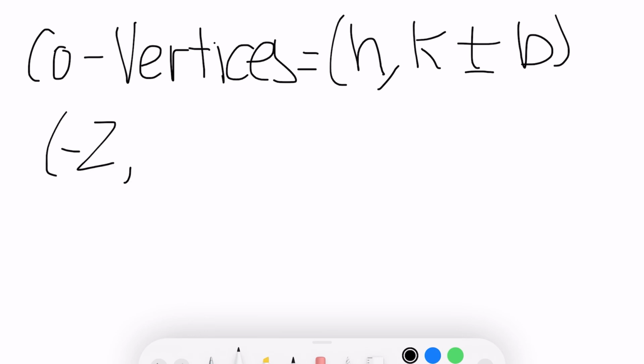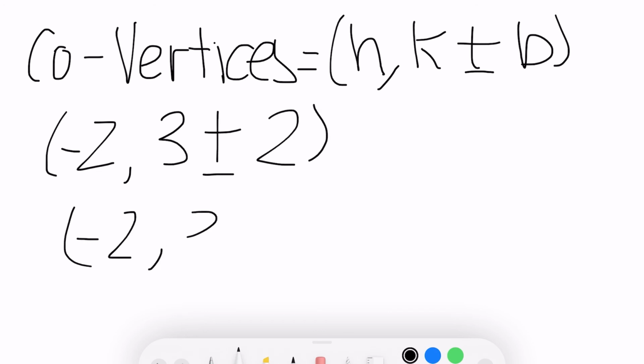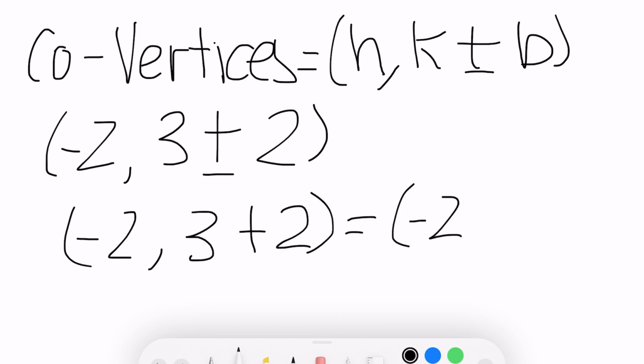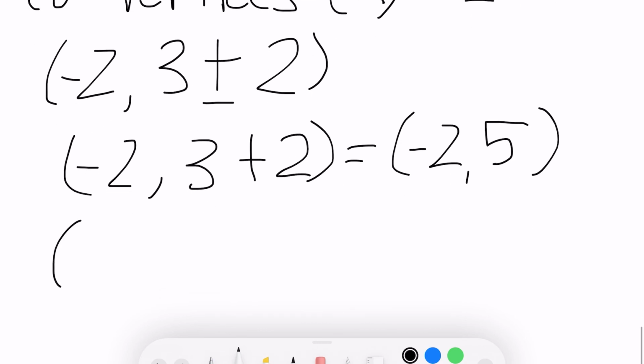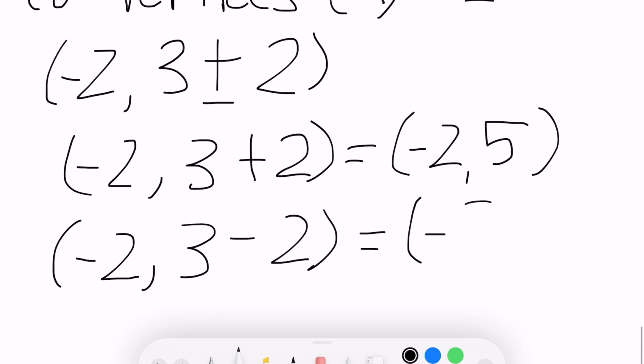So it'd be negative 2 comma 3 plus 2, which is negative 2 comma 5. And then the other one, negative 2 comma 3 minus 2, which is negative 2 comma 1.